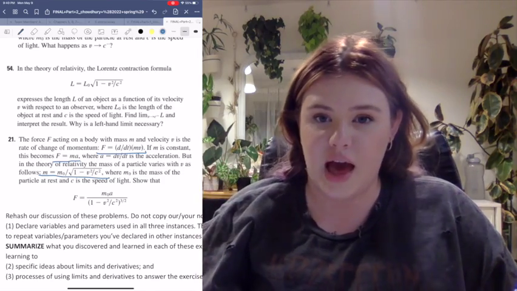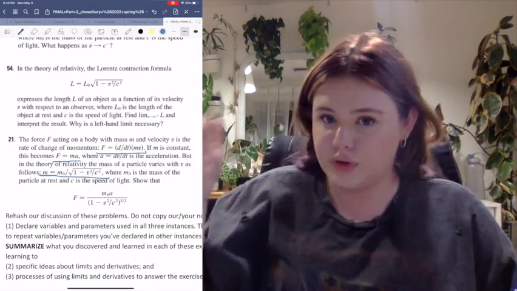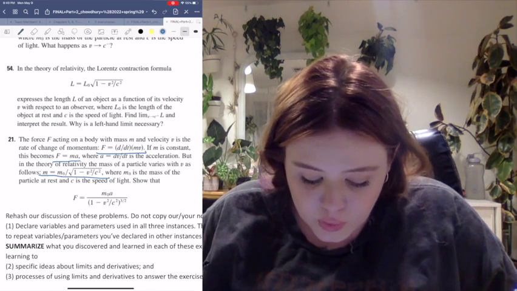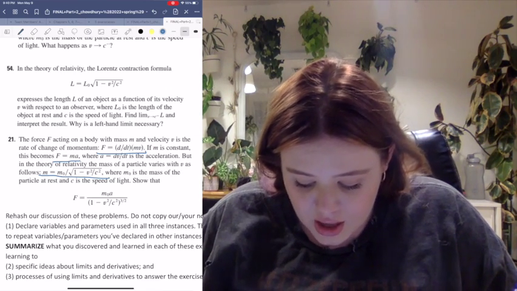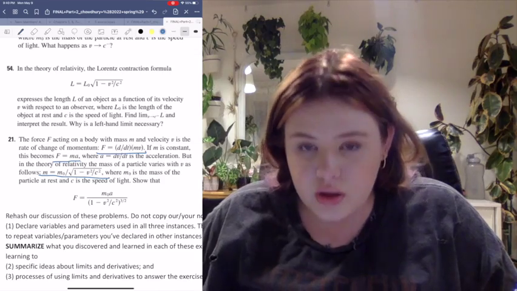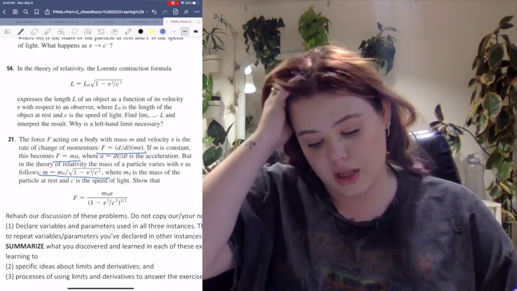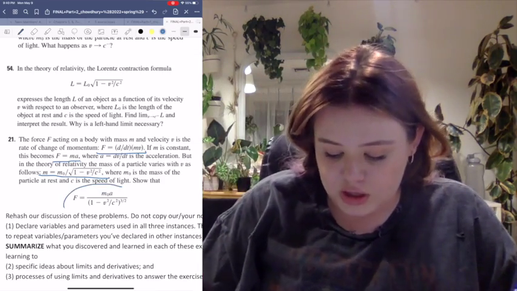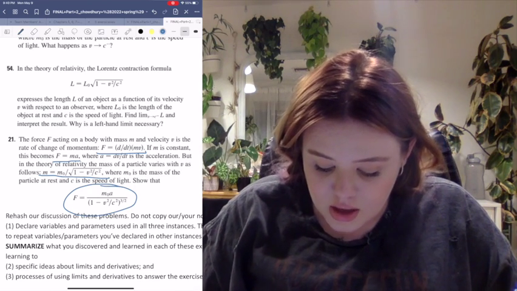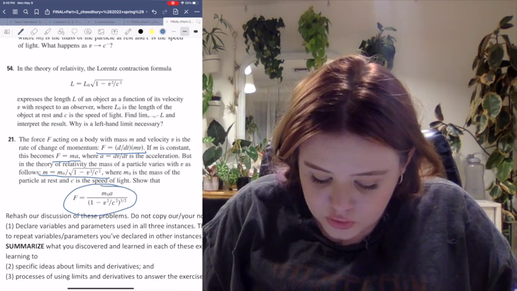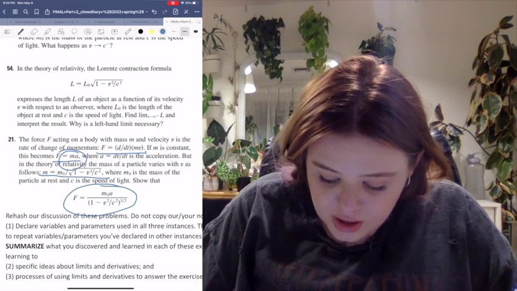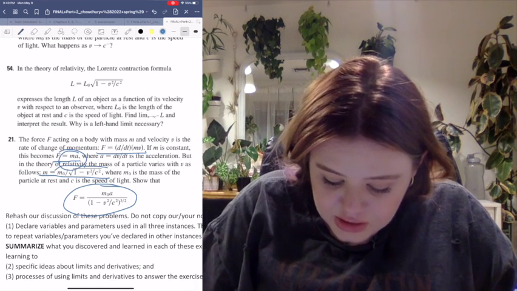So once you're given that formula of how velocity relates to your mass changing, we can show through those formulas that this formula is true, because we're using the force equals m a formula up here, and we're using this formula right here.